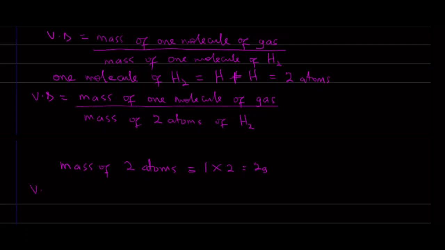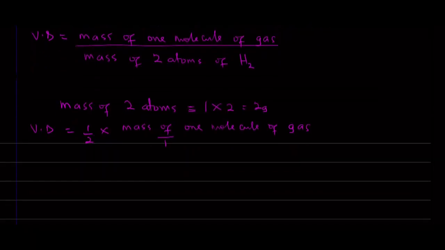So in short, our vapor density is going to be equal to the mass of, okay, let's do it this way. We are going to have 1 over 2, which is the two atoms. We are then left with the mass of one molecule of the gas. Let's analyze our mass of one molecule of a gas.